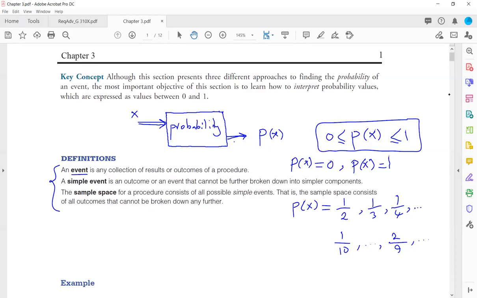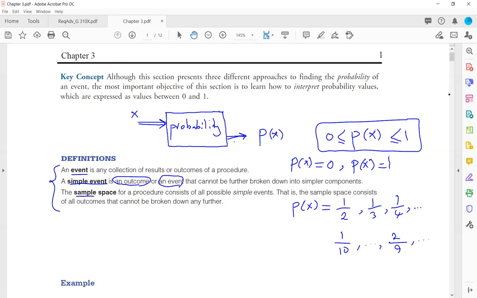So you gather some values, some outcomes, and you call it an event. A simple event is an outcome or an event, just one outcome or one event that cannot be further broken down into simpler components.